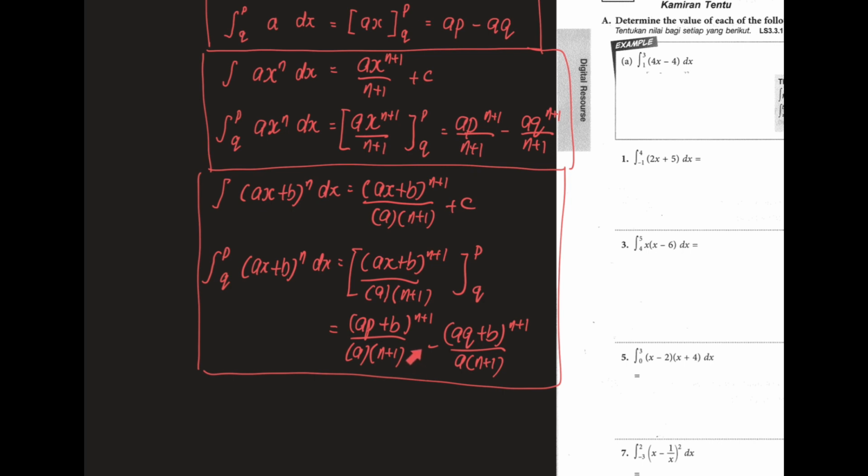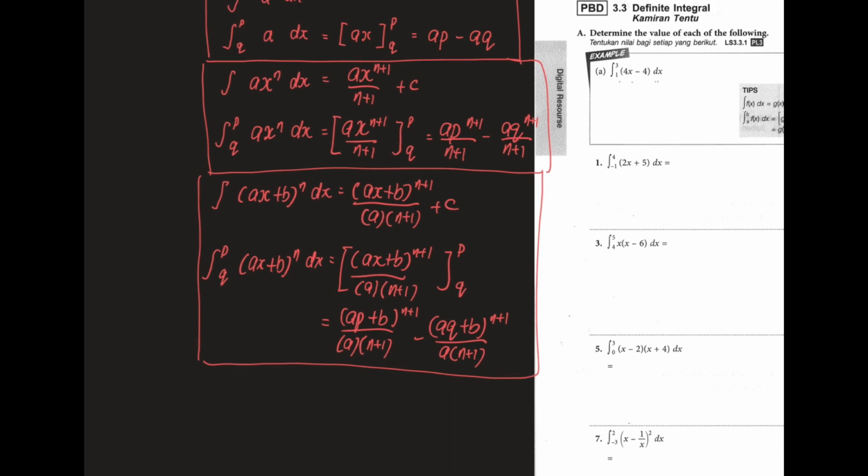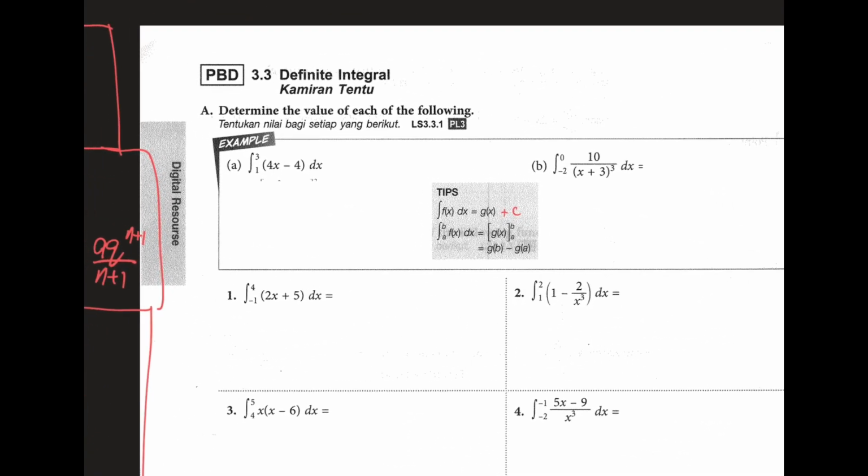That means you substitute the upper limit inside, and minus the substitution of the lower limit. So always minus. After you substitute the upper limit into the result of integration, always minus, followed by the substitution of the lower limit.